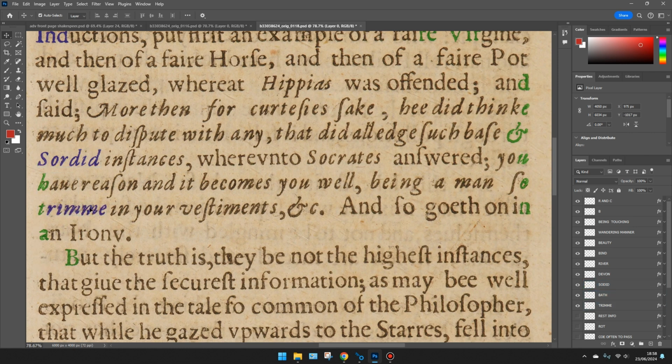And not only just a bath, you would have a nice bath and a trim. So again, we just have this acrostic or telestic of the River Devon, because of course you would be having your bath in the River Devon if you were filthy or sordid. It's interesting how it all just comes together to allow us to move down the page, just an extra paragraph.